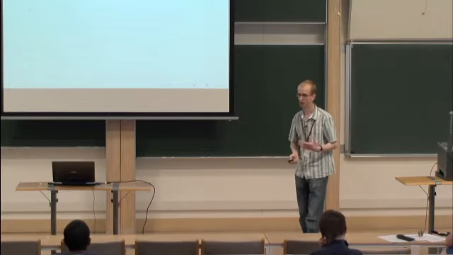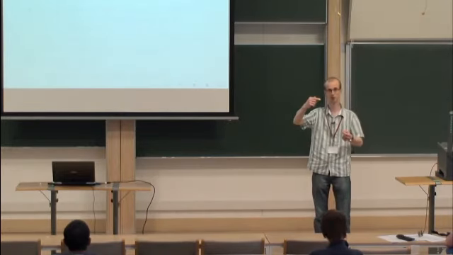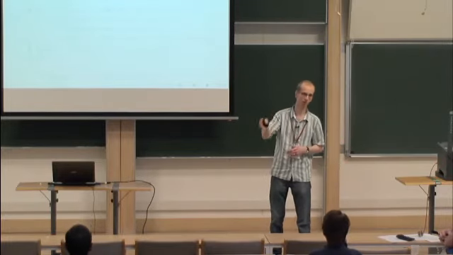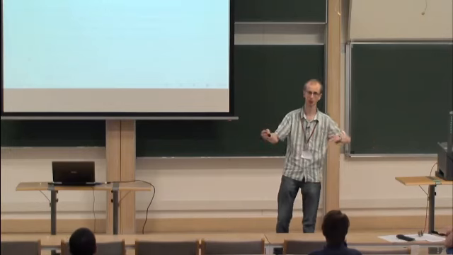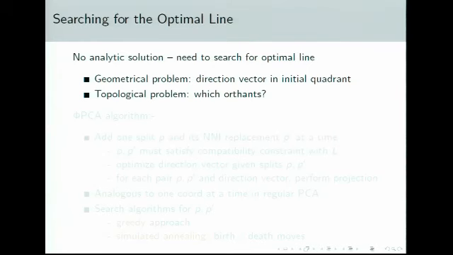For each direction vector, we're going to potentially hit a different face of the orthant. And where we hit a face of the orthant, we have to decide which other chunk of tree space we're going to go into. So we've got this geometrical problem of which way do we go from our midpoint for our line, but also a topological problem of how we extend.